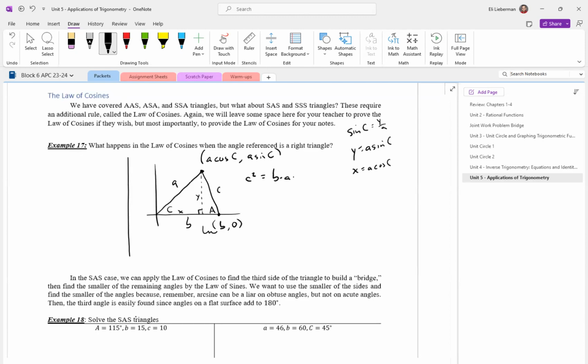B minus A cosine C. Are we good with that? That's that bottom length, and of course I have to square that. And the other leg is A sine C, squared.